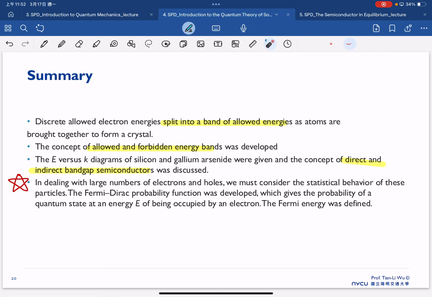So in dealing with a large number of electrons and holes, we must consider the statistical behavior of these particles. And here we mainly use the Fermi-Dirac probability function, which gives the probability of a quantum state at energy E being occupied by one electron. And there's also the concept of the Fermi energy, which was defined.